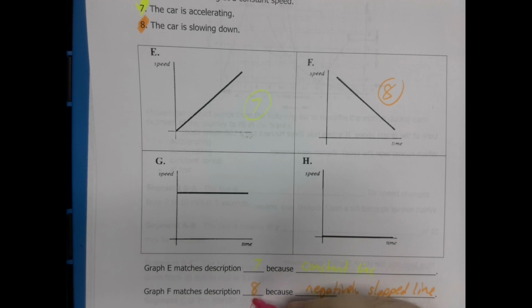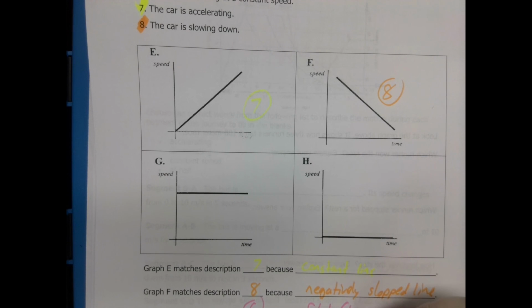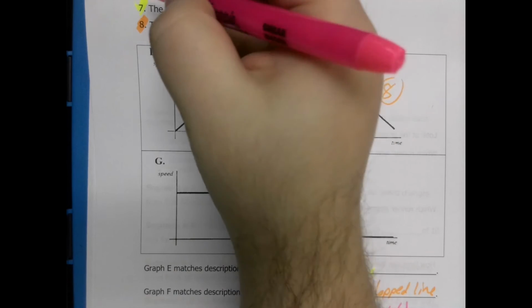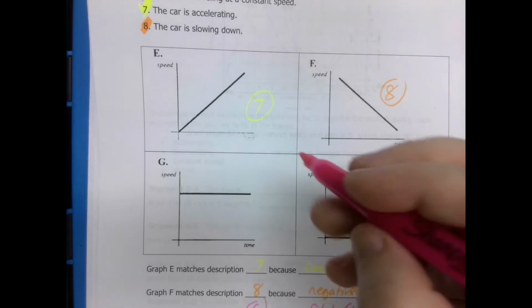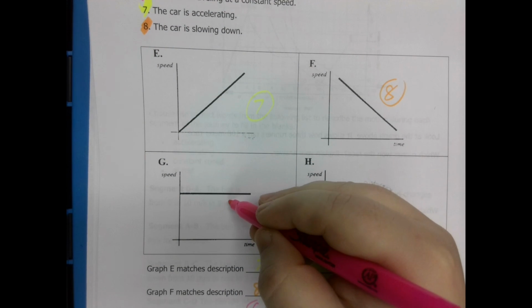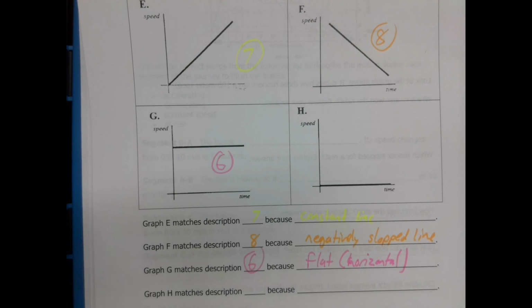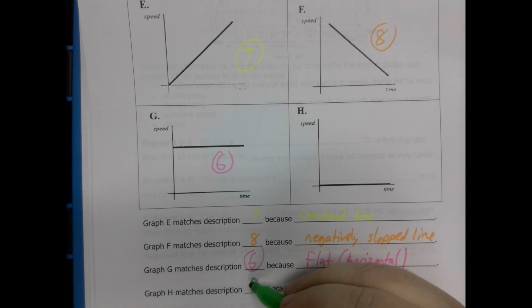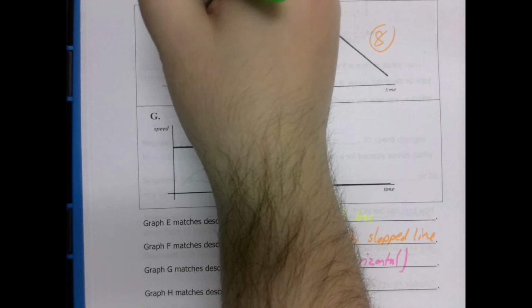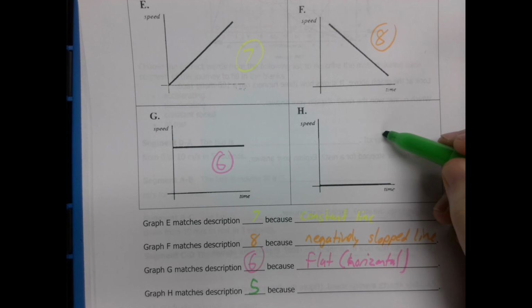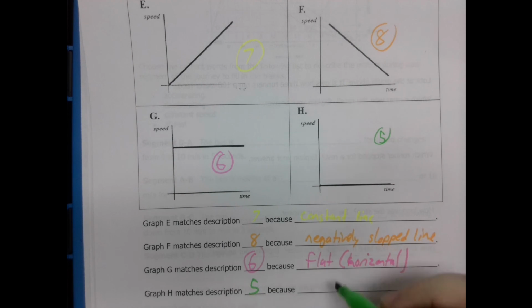So this would be number 6, because it's flat or horizontal. And the last one is 5, because speed is 0.